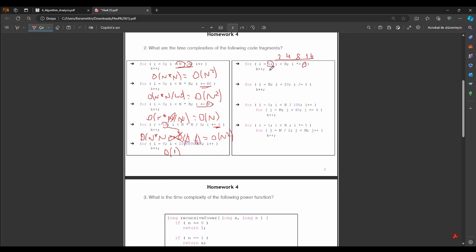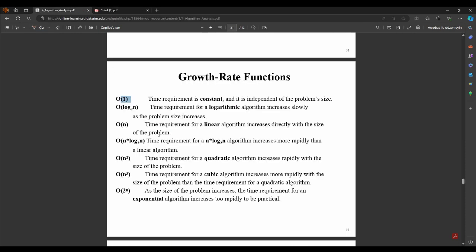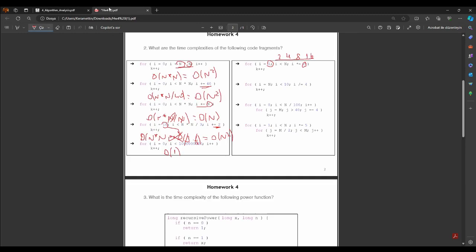As you see here in this example, it's growing logarithmically. If our requirement for a logarithmic algorithm increases, our O notation will be a logarithmic function.